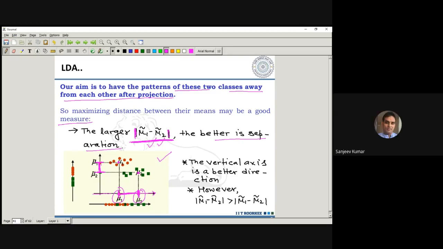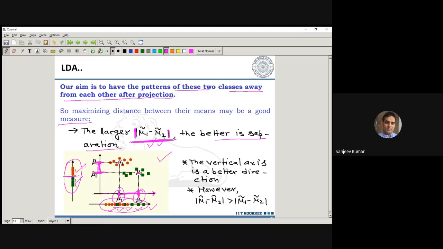Horizontally. But if you project on the horizontal, you get this kind of thing. On vertical you get this kind of thing. In horizontal, where the distance is bigger, you are getting a mixed cluster of these two classes, as you can see here, whereas on the vertical, where this distance is small, you have very small, well separated clusters, because before this point you have the green class, and after this point you have the red class.